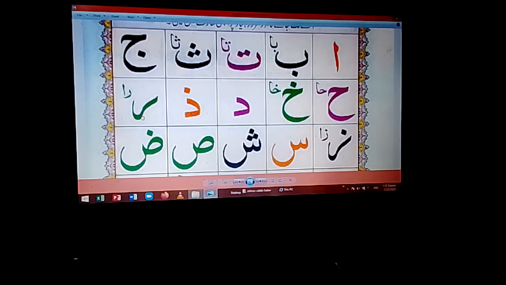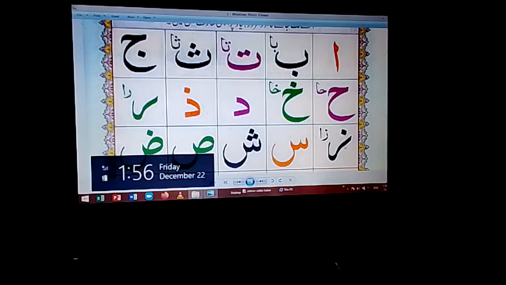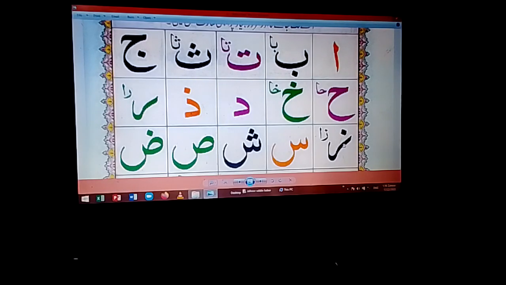And if the same letter has one dot on top, that would be za. And then in another shape we will see here, this is seen. And if the same letter has three dots on top, then that would be sheen.